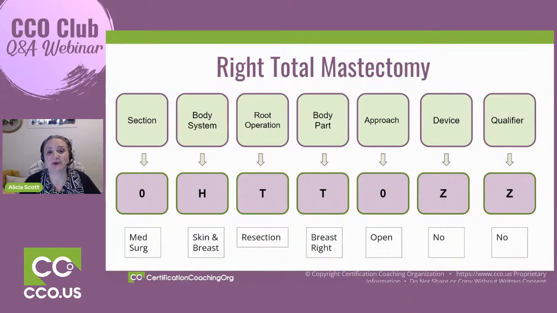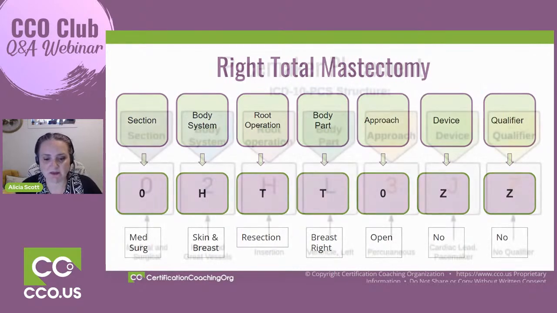They don't deal with certain body parts. So the body systems that you'll be dealing with is a much smaller list in obstetrics, which would be a 1 for the section, than the med surg section of 0. And I explain that more in depth in the course.